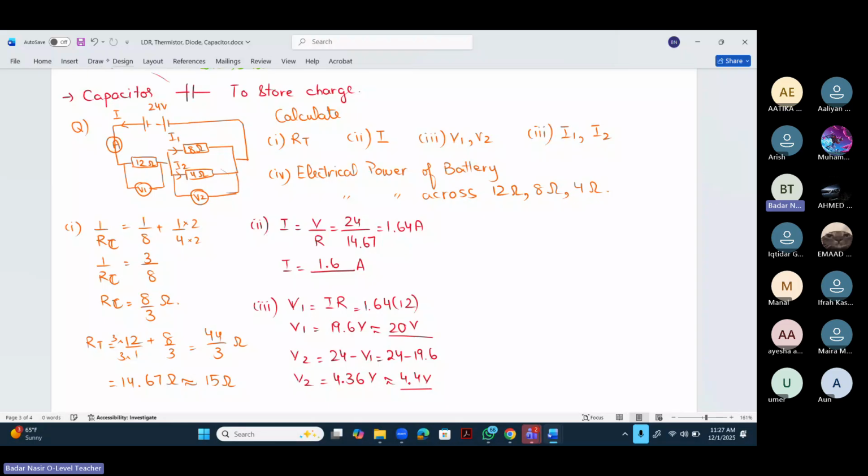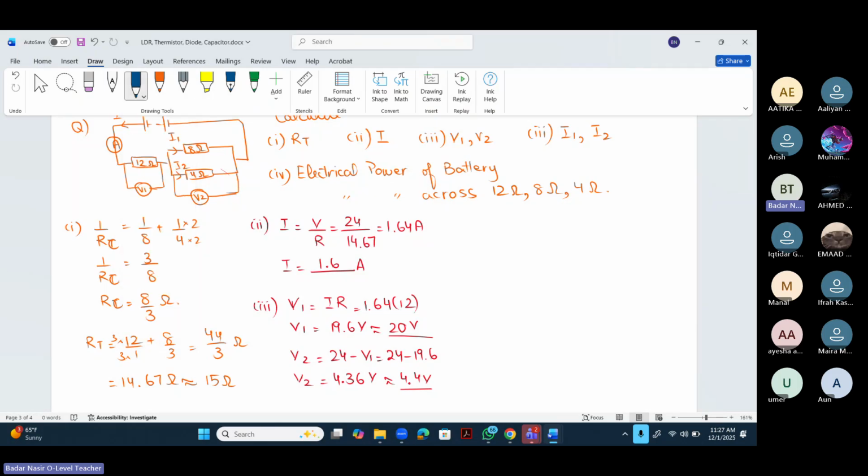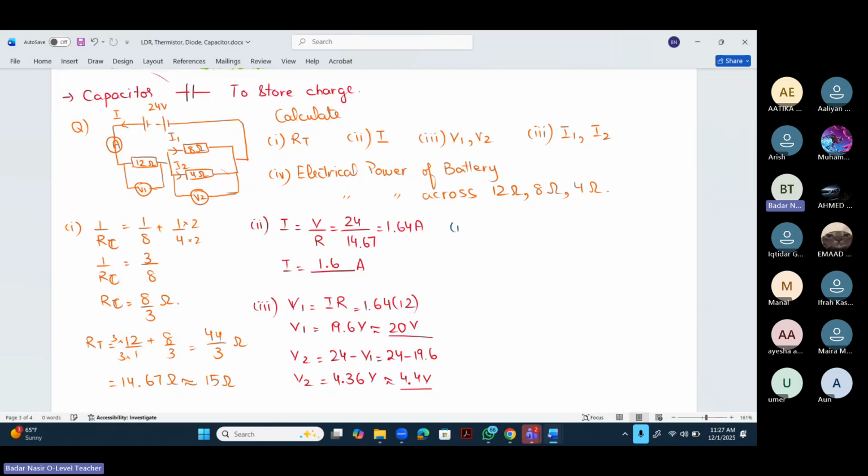Now the third part is we have to calculate the currents. So to find the current I1, look, the 8 ohm and 4 ohm resistors are in parallel. If these two resistors are in parallel, then in parallel the voltage stays the same.